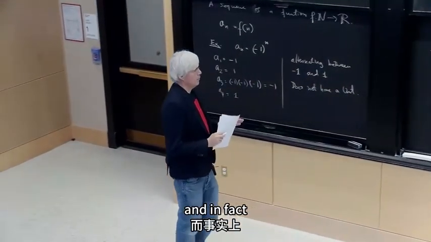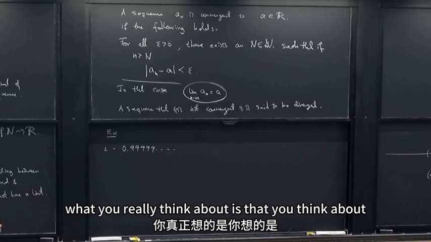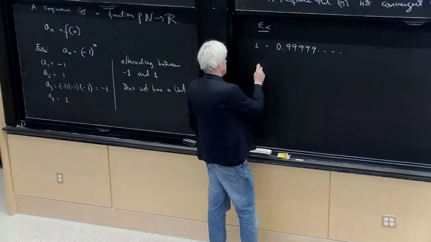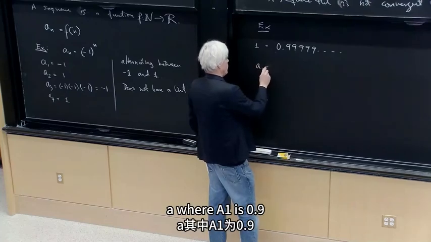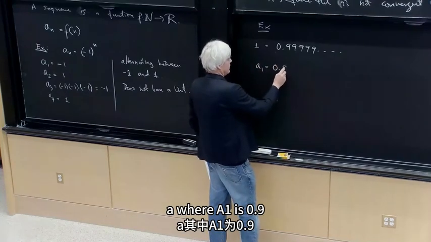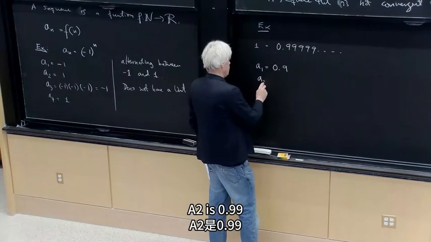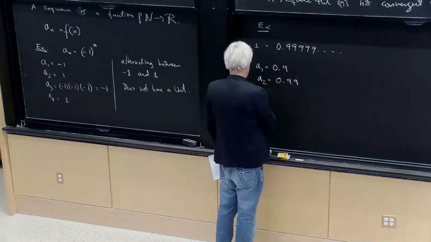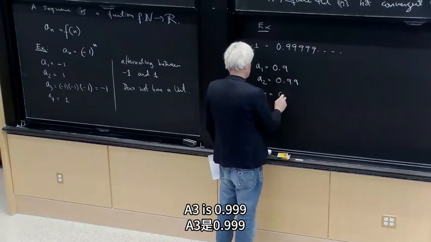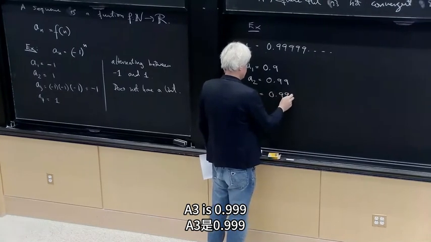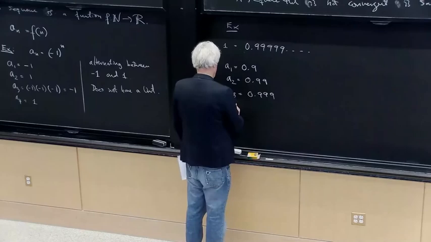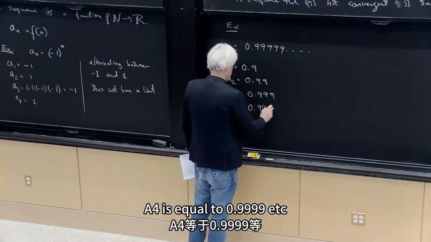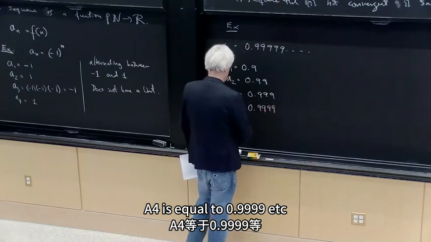And in fact, what you really think about is that you have a sequence A where A1 is 0.9, A2 is 0.99, A3 is 0.999, A4 is equal to 0.9999, etc. Right?